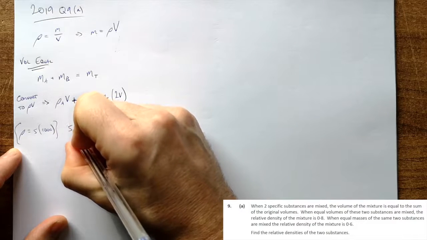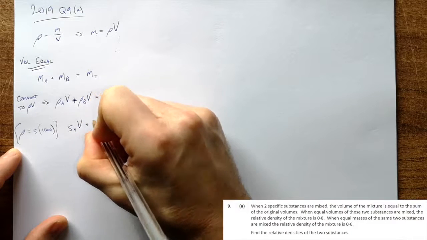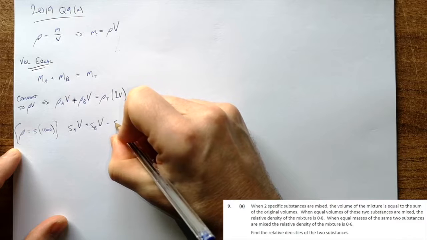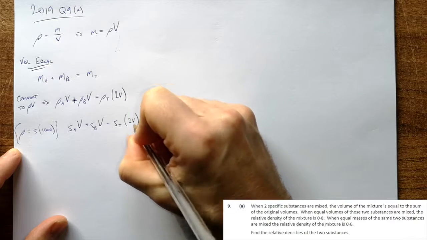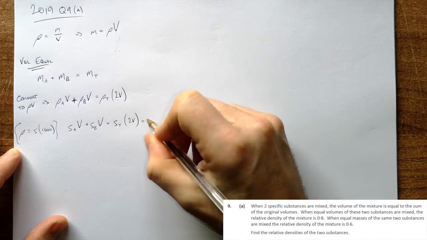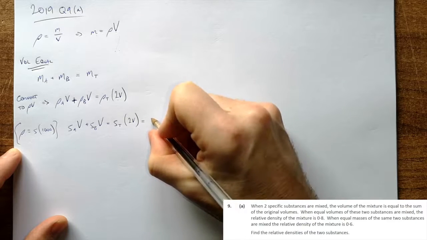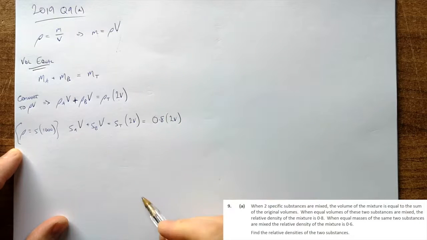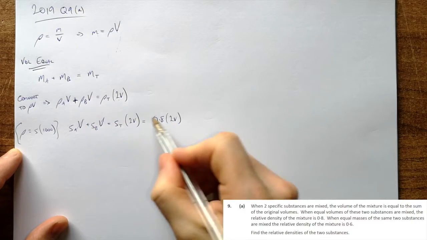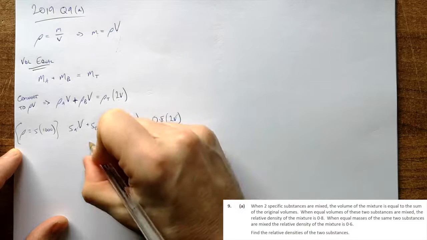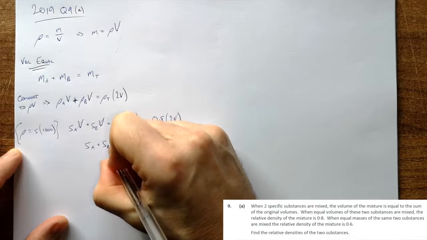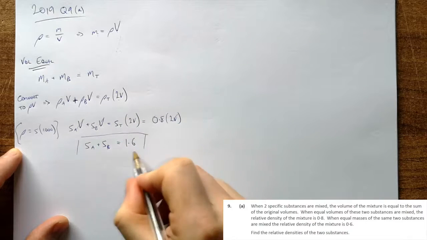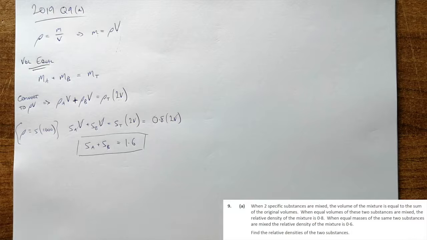It's going to end up being S_A V plus S_B V equals S of the total times 2V, and that equals, we know this, 0.8 times 2V. Now I can cancel my V's. This becomes more interesting. So S_A plus S_B is 1.6. Now I have something I can use.